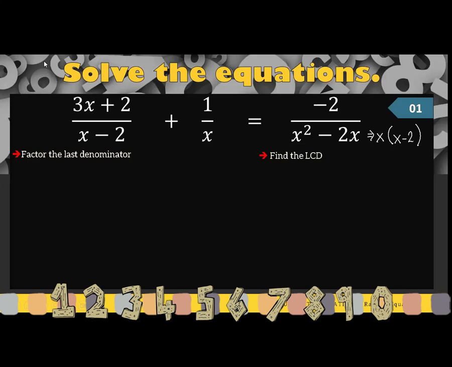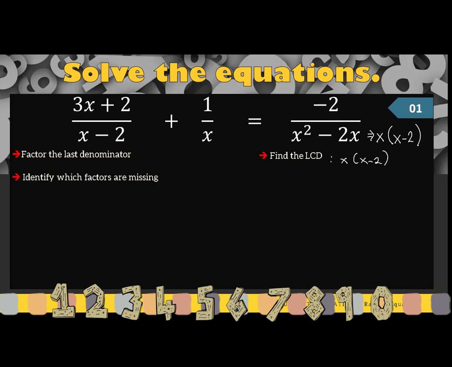Now, second step, we need to find the LCD. On the left-hand side, since the first is x minus 2, and the second is x, which is actually the factors of our third denominator, it means to say that the LCD would be x times x minus 2.